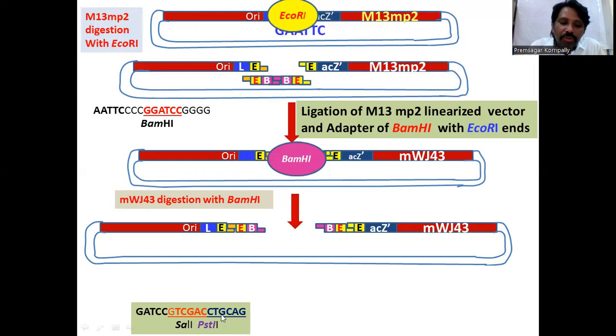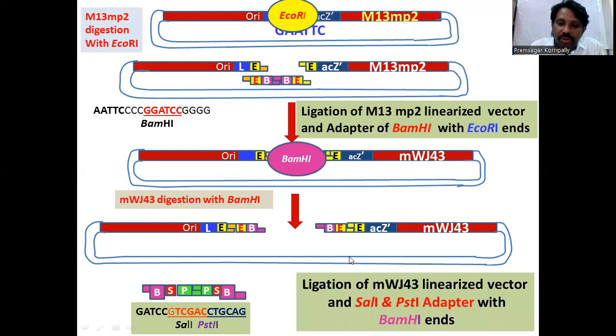So this adapter molecule can directly ligate with the linearized MWJ43. Here you can see the adapter molecule is ready to ligate with the MWJ43.